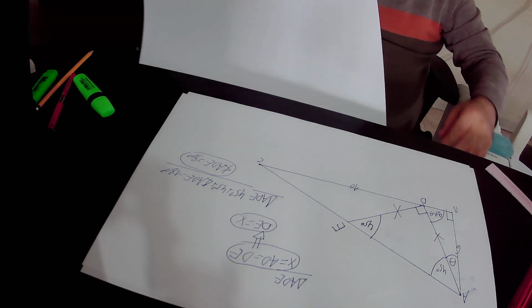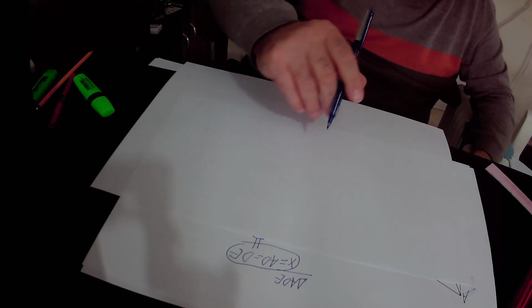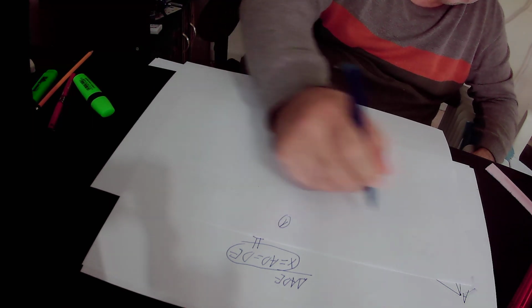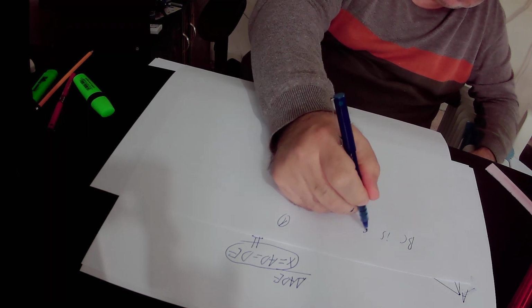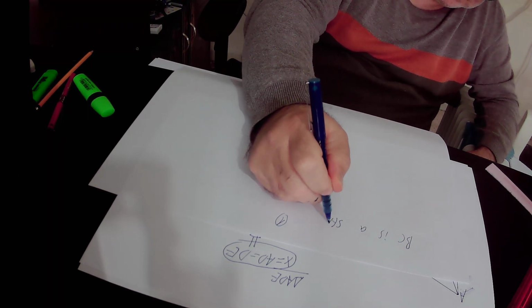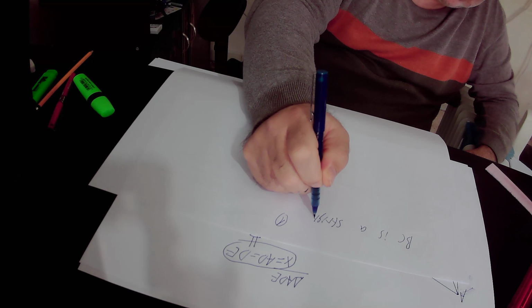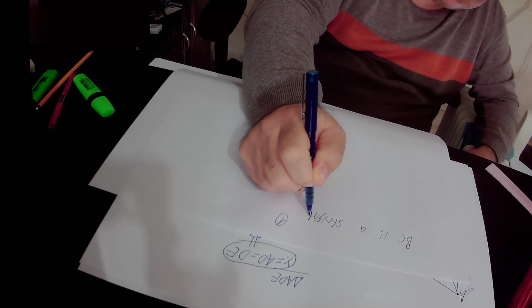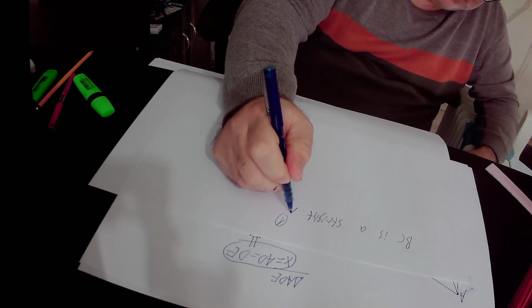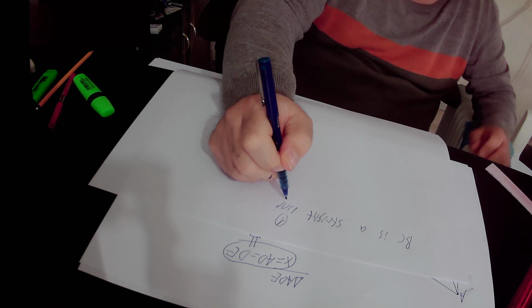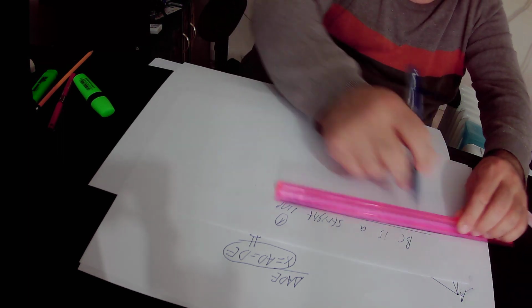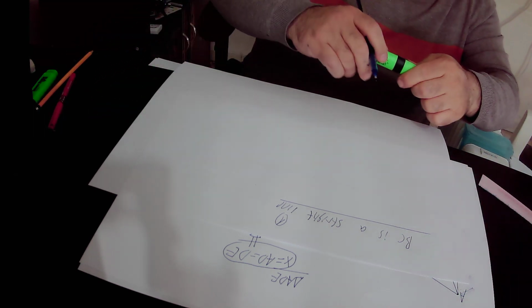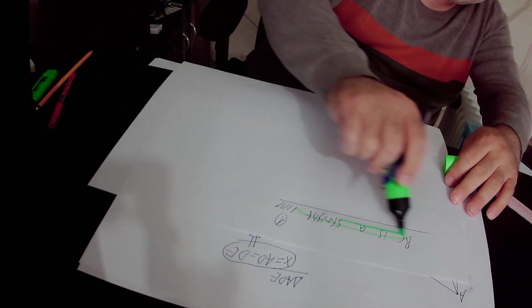So BC is a straight line, because it is one side of a right triangle. It must be a straight line.